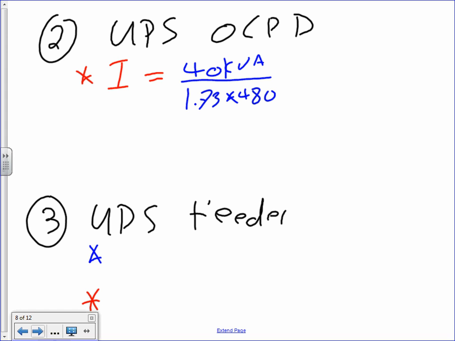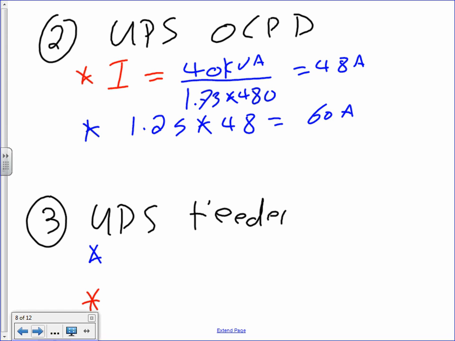Remember, my UPS is running at 480. That will get you 48 amps. Then you take 1.25 continuous load times 48 amps, and that will get you 60 amps.